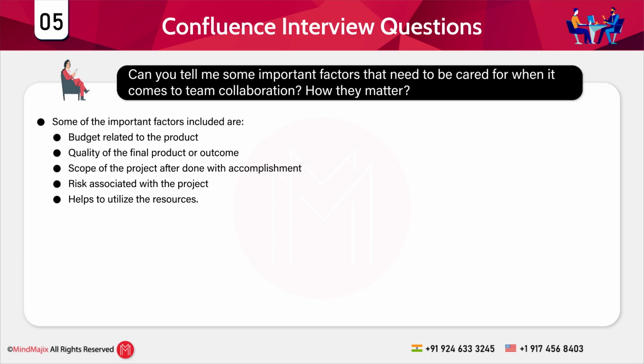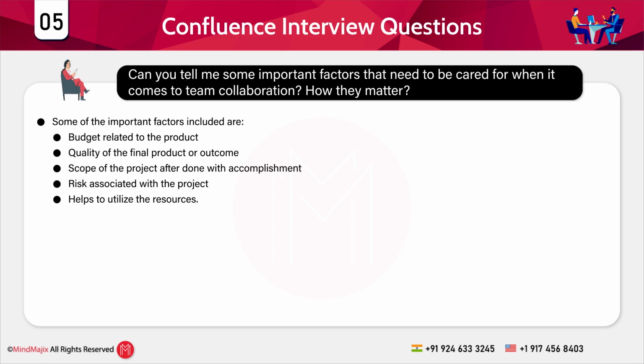Some of the important factors included are the budget of the project, quality of the final product or outcome, the scope of the project after accomplishment, risk associated with the project, and helping to utilize the resources.